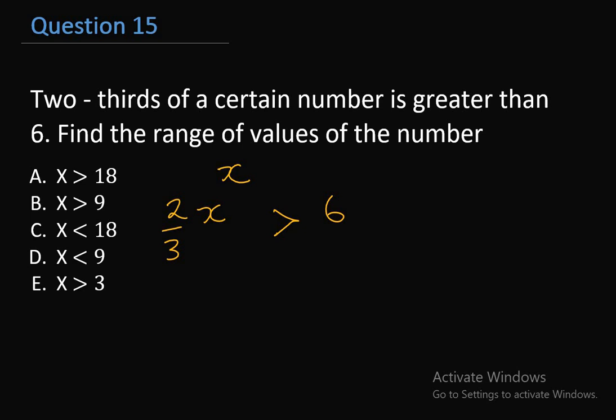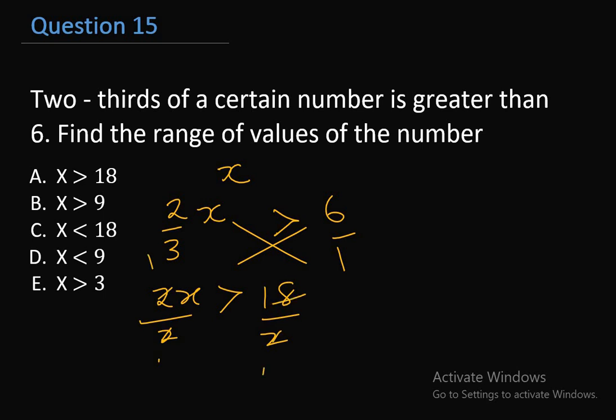So, let's solve for x. Let this be over 1, you cross multiply. 2x times 1 will give me 2x is greater than 3 times 6 is 18. Divide both sides by 2. 2 into 2 is 1, 2 into 18 is 9. So x is greater than 9, which is B.